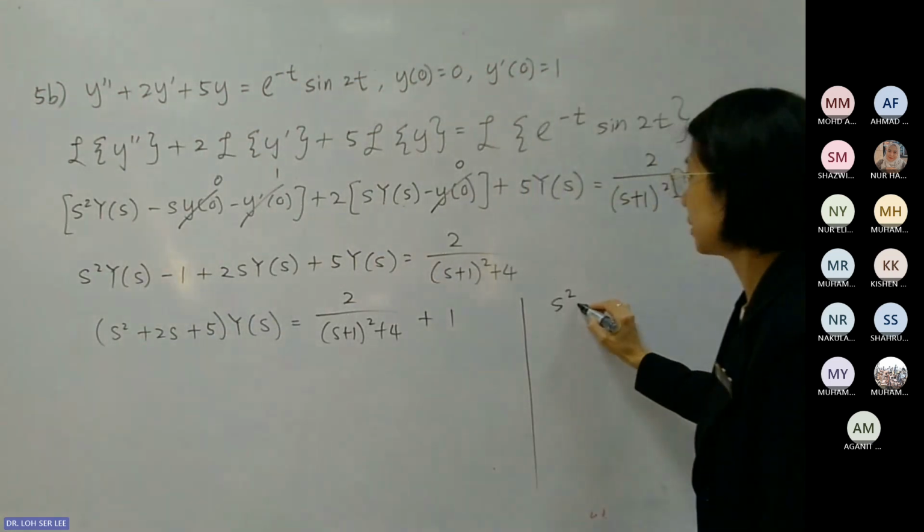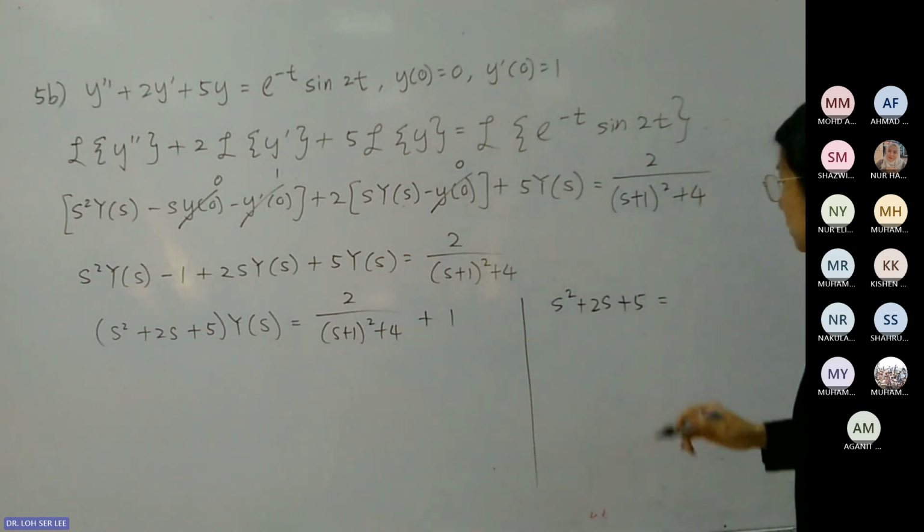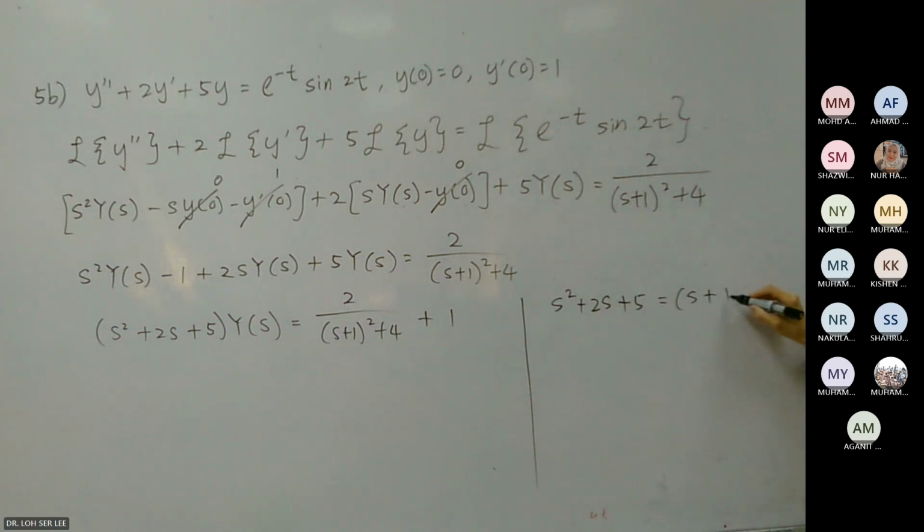Here, s squared plus 2s plus 5. Okay, so you have (s plus 1) squared, minus 1 squared, plus 5, that's 4.